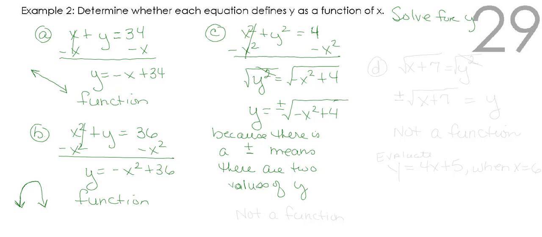So if there are two values of y, that means it's not a function. Actually, this is a circle. X squared plus y squared equals 4. It's a circle. Okay?